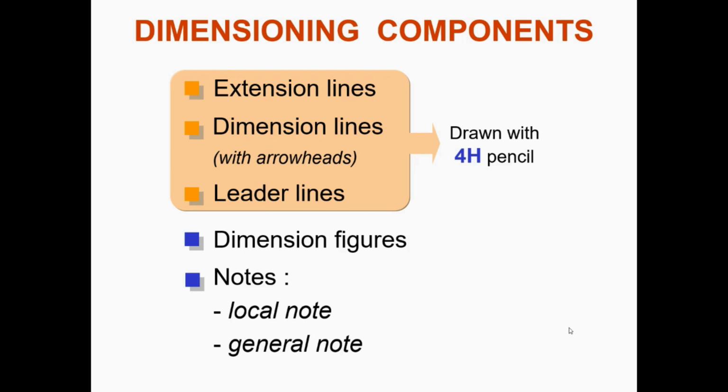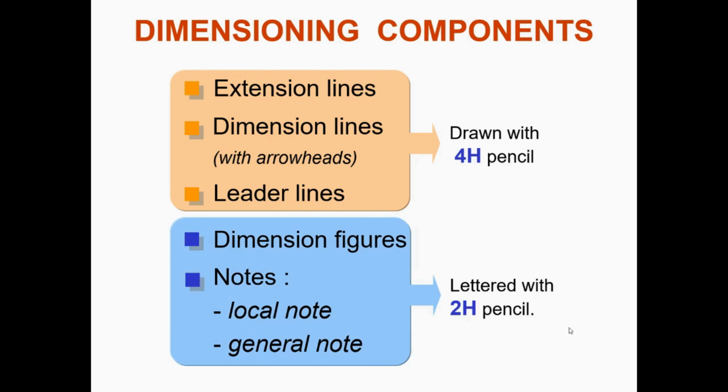If you are into technical drawing, the right pencil to use for extension lines, dimension lines, as well as leader lines is the 4H pencil. And for the dimension figures, the notes, the local note, and the general note, it's appropriate to use the 2H pencil.